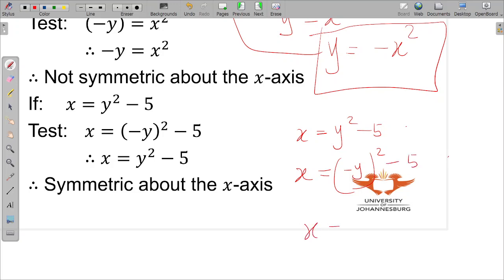By the time we solve that, because this is an even power, we have y squared minus 5, which is the same equation as we are given. So that shows that it is symmetric about the x-axis.